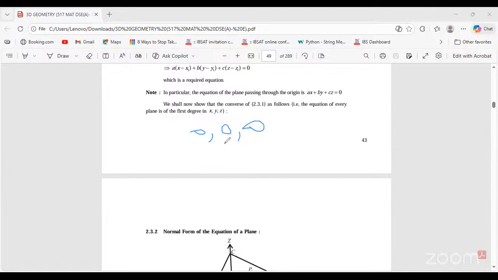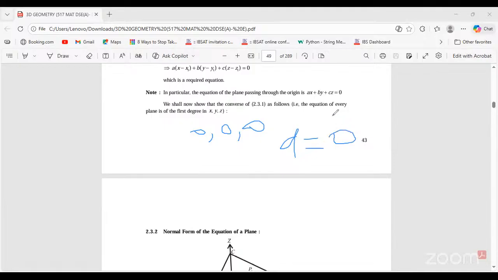After substituting these coordinates 0, 0, 0 into the general form of a plane equation, ax plus by plus cz plus d equals 0, we get d equals 0.